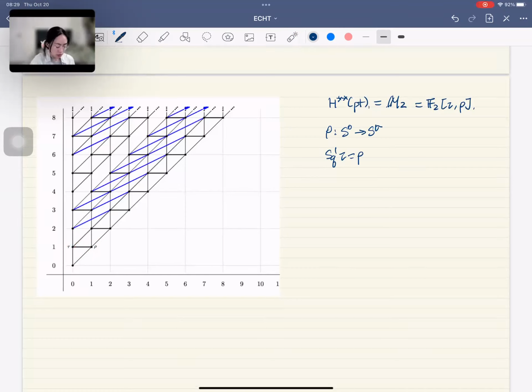There's also Sq^2 on the tau multiples, like tau squared, but you don't need to memorize all the information there, because the Cartan formula in the Steenrod algebra is going to give you that information. So the thing is, capturing the actions on the generators is enough.